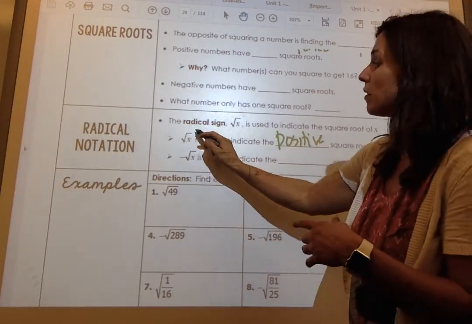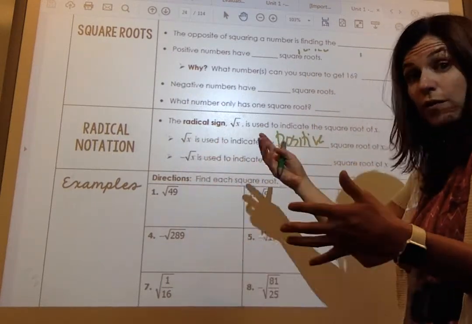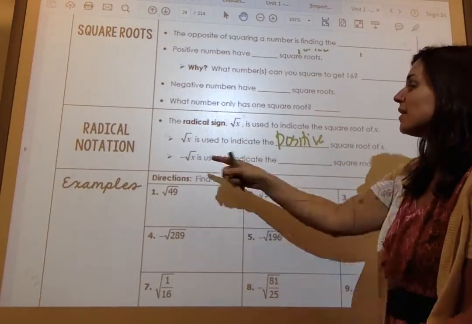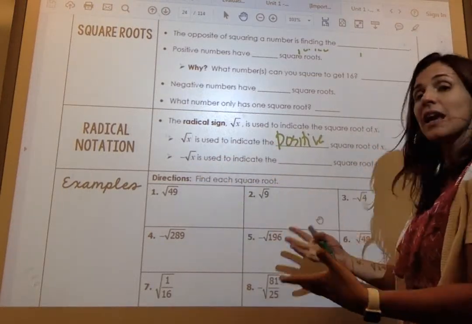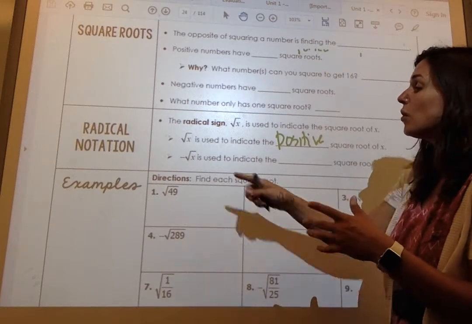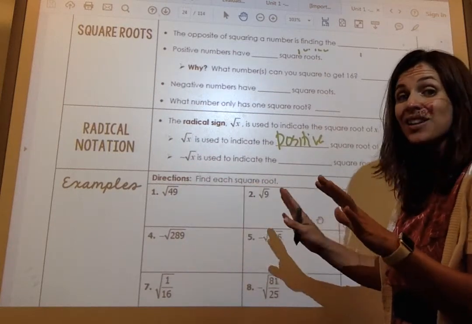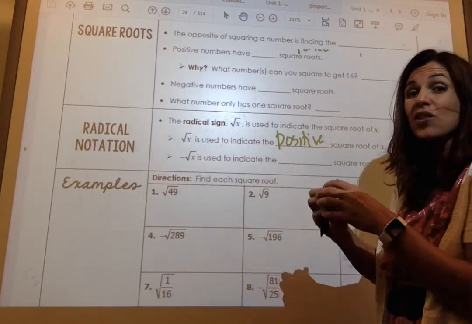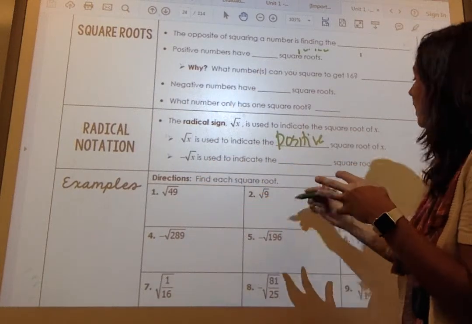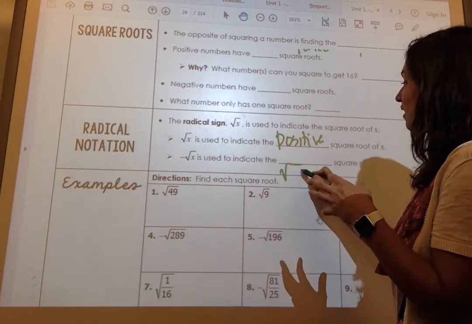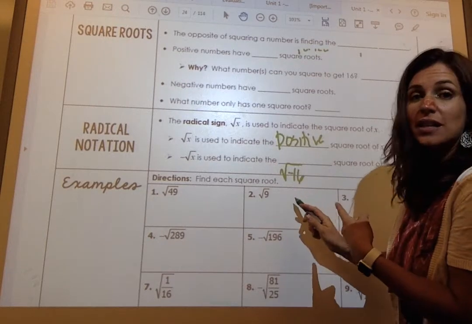So the square root of 16 would be 4. This negative is used to indicate the negative square root of x. So notice this negative sign is not included inside the radical. It's included outside the radical because the square root of negative 16 just is not possible.